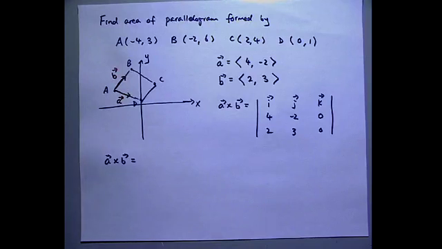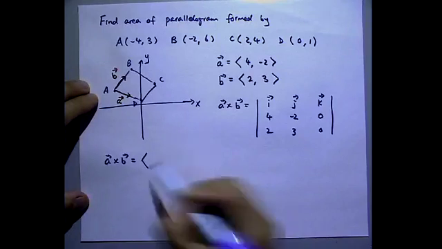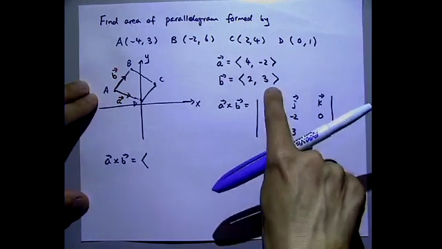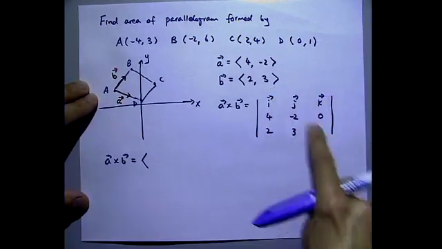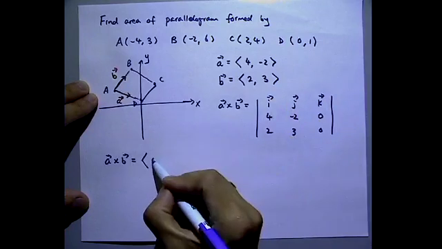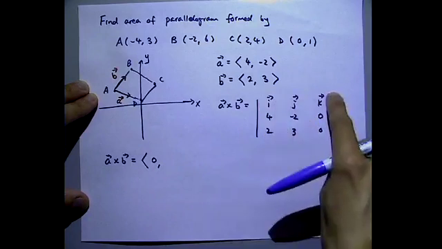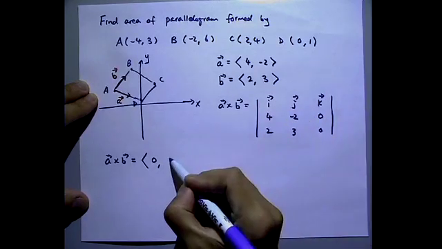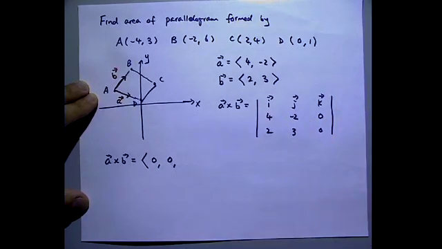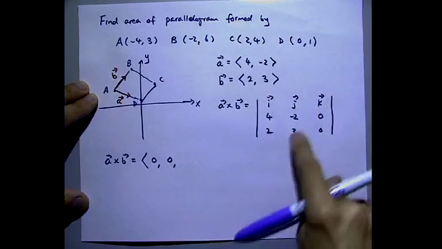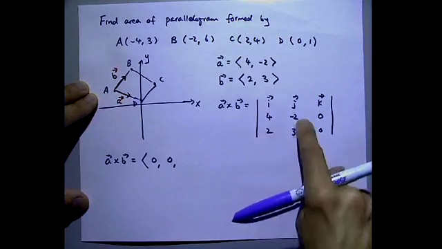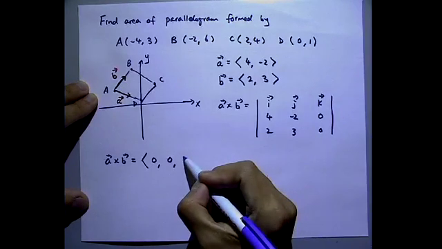And now we do the cross product, A cross B. So the I component, block out, nothing. I get 0. J component, block, 0 again. K component, block, 12 plus 4, 16.